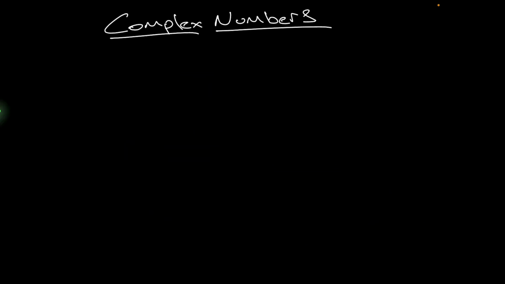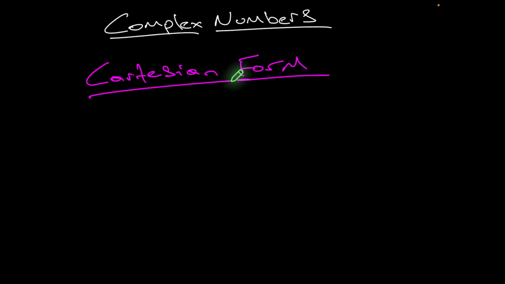Now we have two main formats that we're going to look at that define the complex number system. One of them is called our Cartesian form, and that will simply be z, which represents our complex number, equals a plus jb.